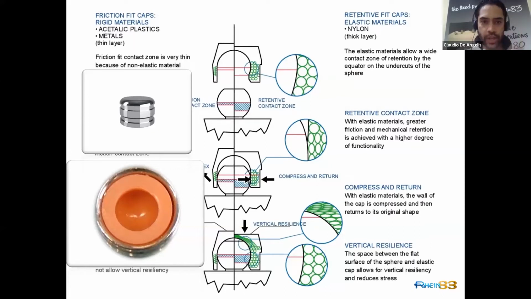So that's the rationale of the metal housing. It's not just for adding price to our denture. It has a meaning, and you need to know this.